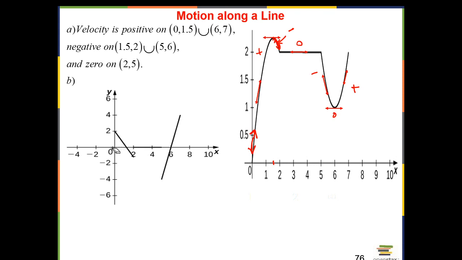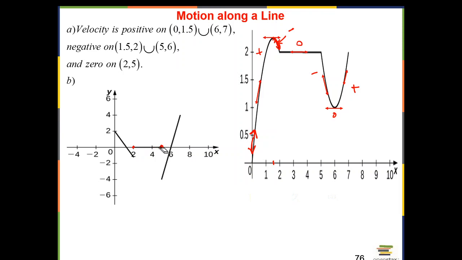So we can graph it from 0 to 1.5 as some kind of positive value. At 1.5 it is 0, right? We see it here. And then from 1.5 to 2 is negative. Then again at 2 it is 0. It jumps over here. Well, from 2 to 5, it stays 0, up to here.